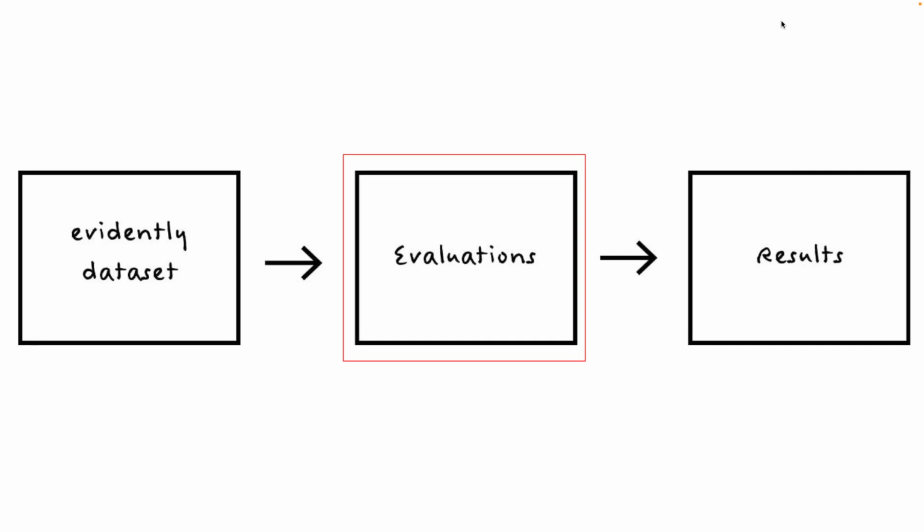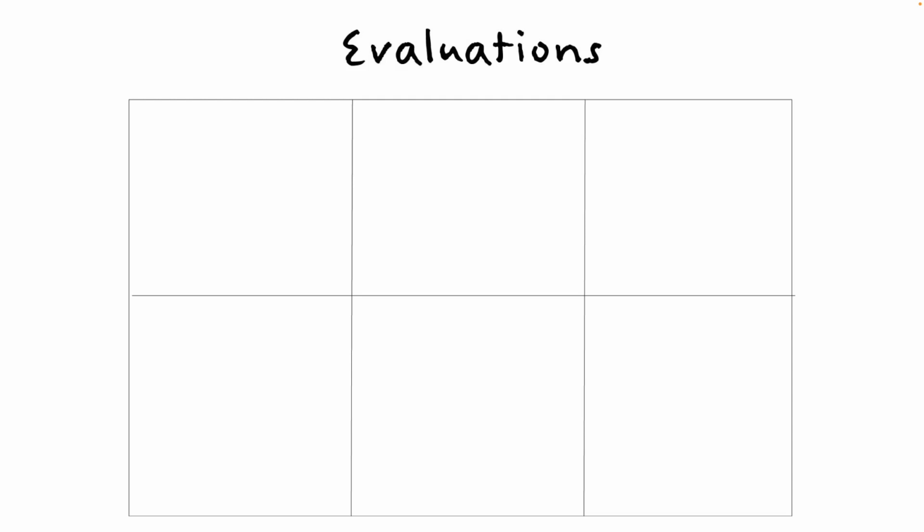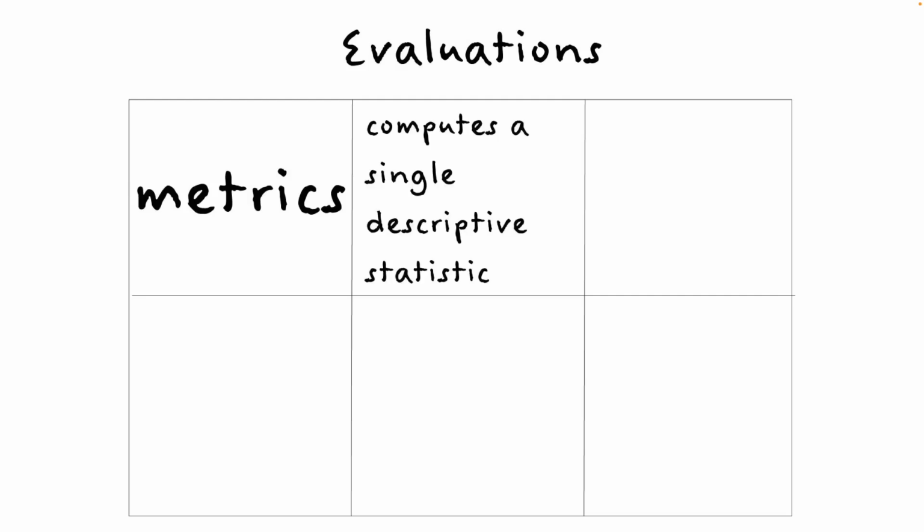The next Evidently concept we need to understand is evaluations. Evaluations are made up of two components. They're either metrics, which are single descriptive statistics, for example, the count of columns or the mean value for a column.